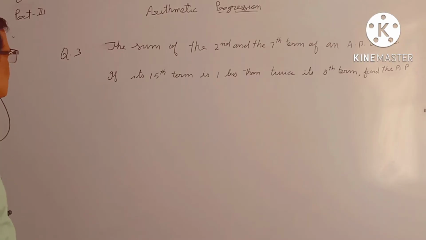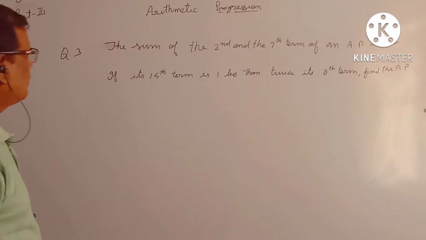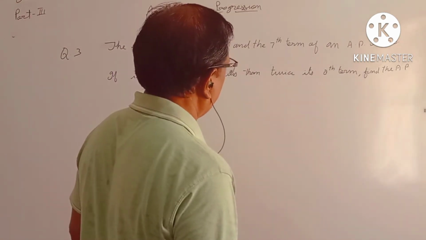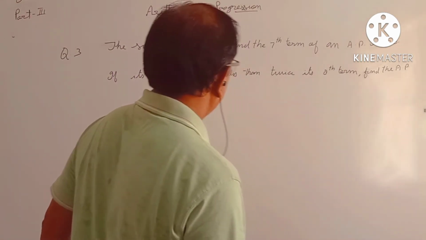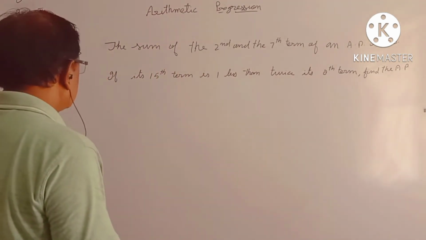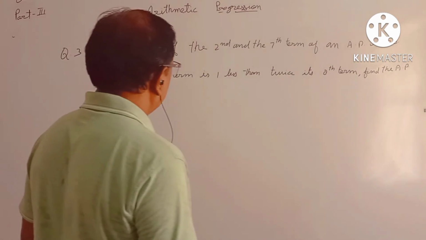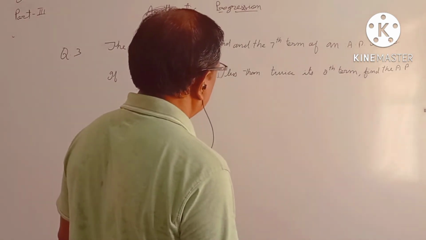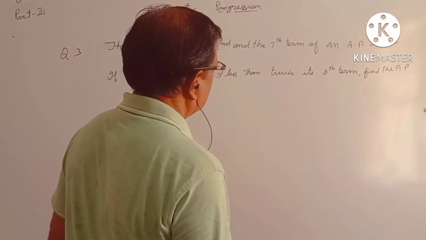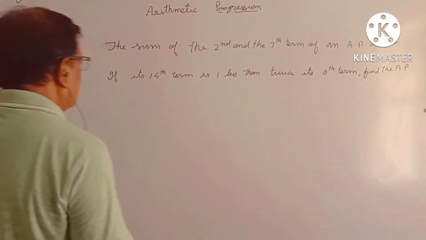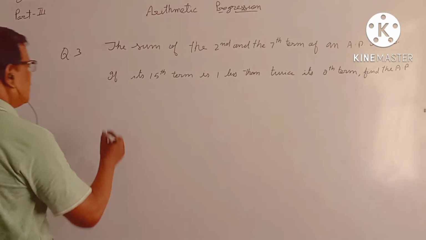Here is the third question: the sum of the second term and seventh term of an AP is 30, and its 15th term is one less than twice its eighth term, and we want to find the AP.